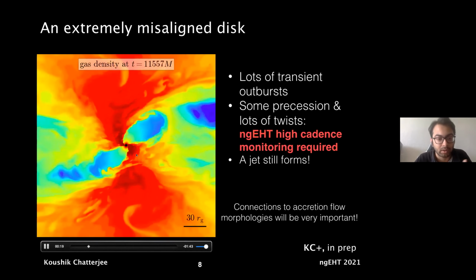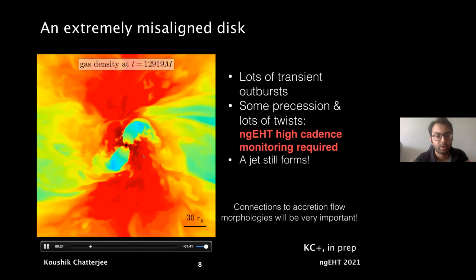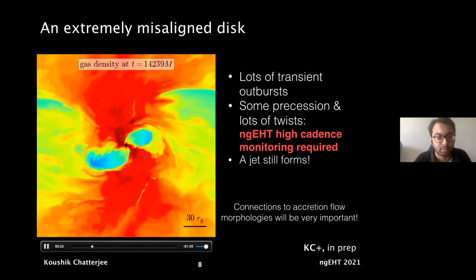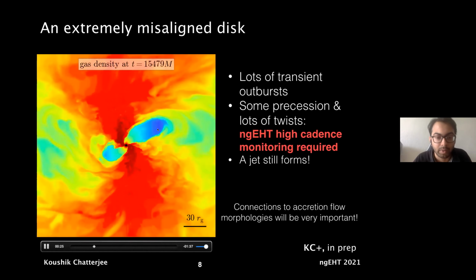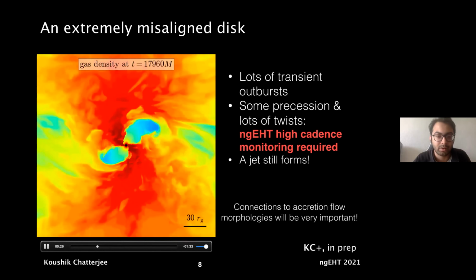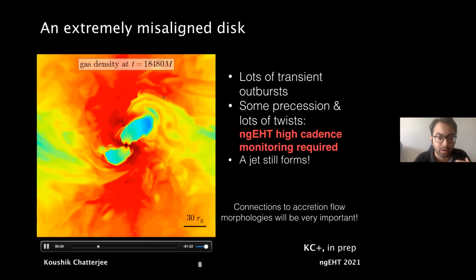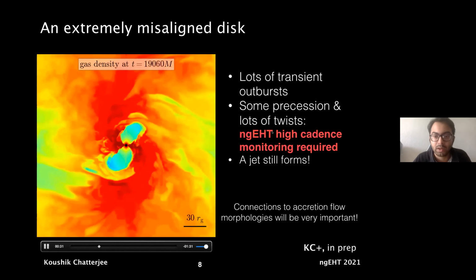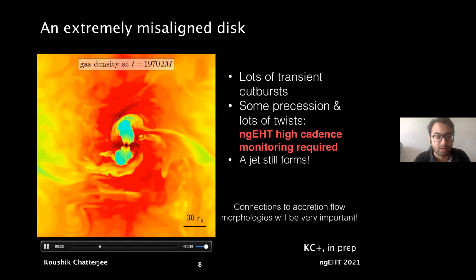The inner part of the disk is sort of forced to be aligned. The jet actually forces the disk to align itself quite a bit, but again, there's a lot of precession going on. There are some transient outbursts that you will see sometimes, and the jet is often twisted.